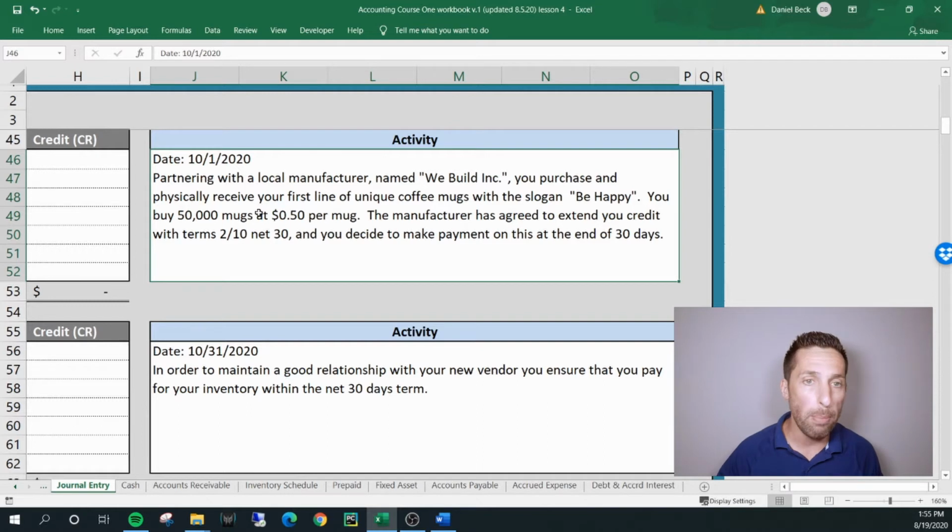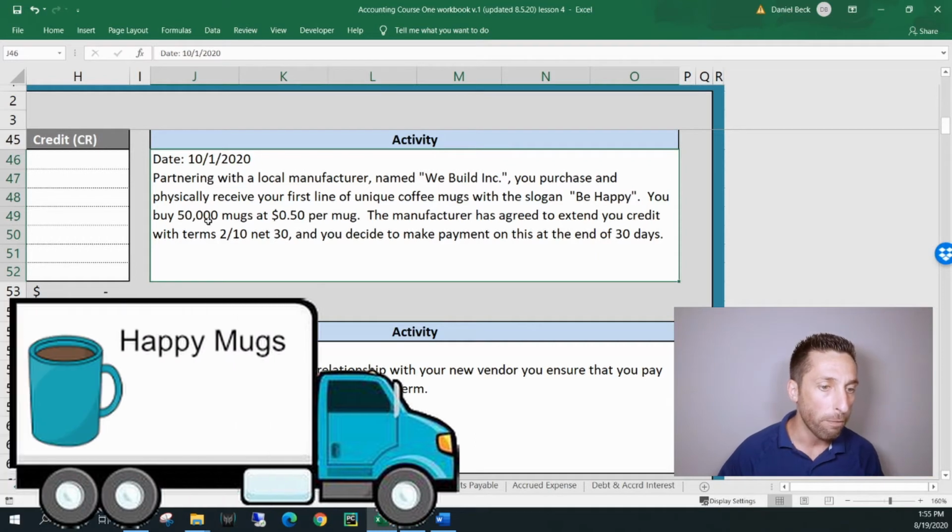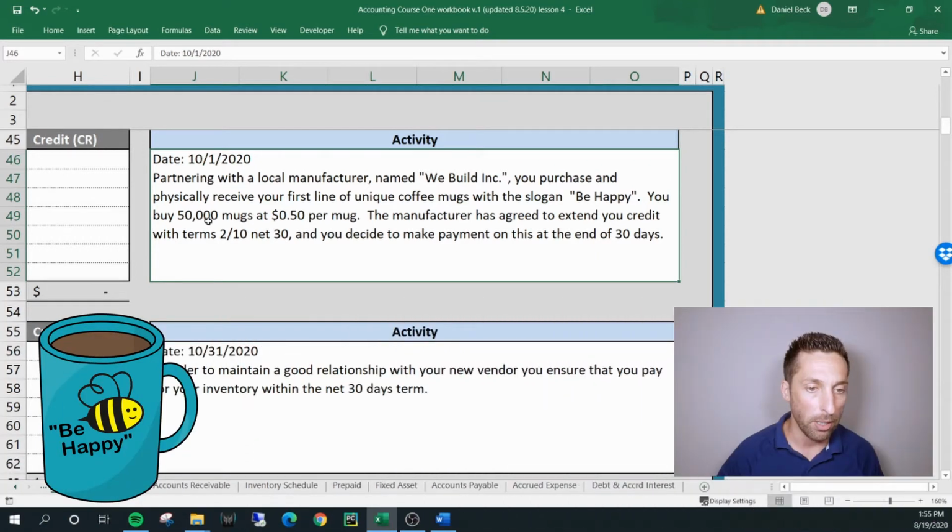Partnering with a local manufacturer named We Build Incorporated, you purchase and physically receive your first line of unique coffee mugs with the slogan, Be Happy. You buy 50,000 mugs at 50 cents per mug. The manufacturer has agreed to extend you credit with terms 2/10 net 30, and you decide to make payment on this at the end of 30 days.